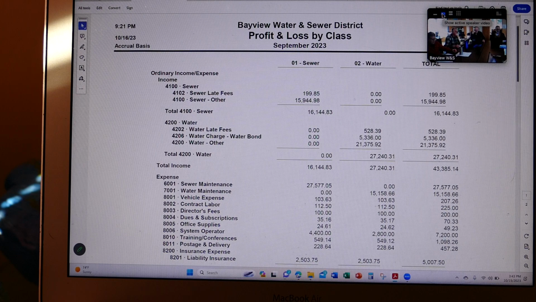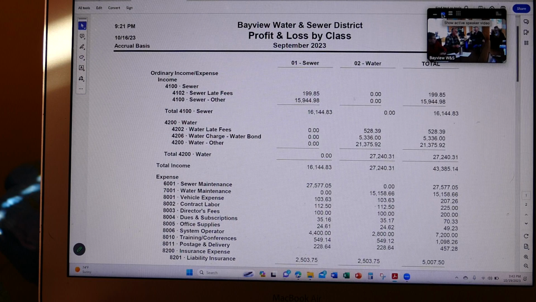So that's $646 less than what we billed. So not a lot, but both sides, water and sewer, were showing that we've received less than what we billed for. So in total, we're about $6,700 short of what we billed in user fees. So that's kind of it for income.